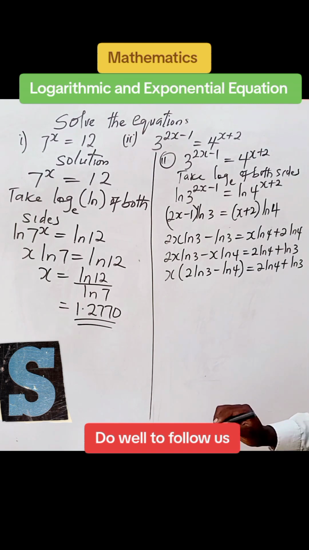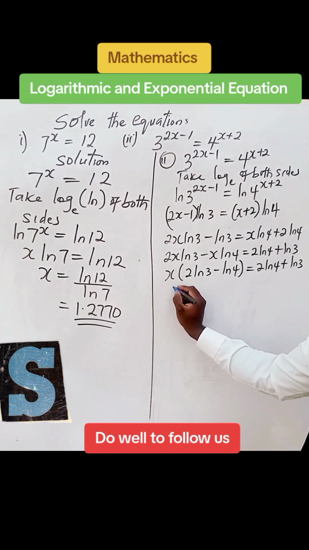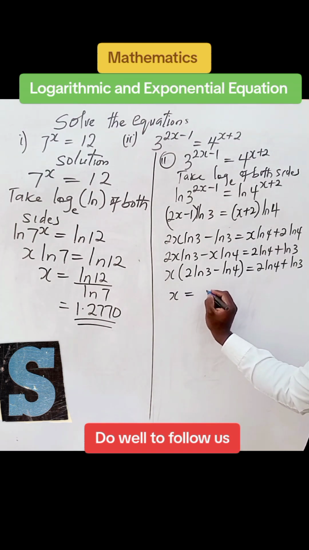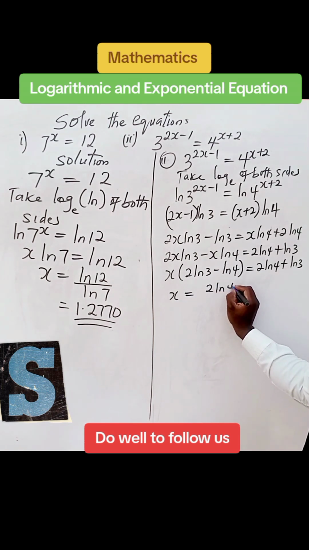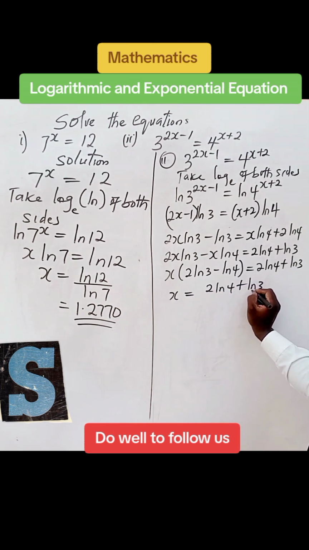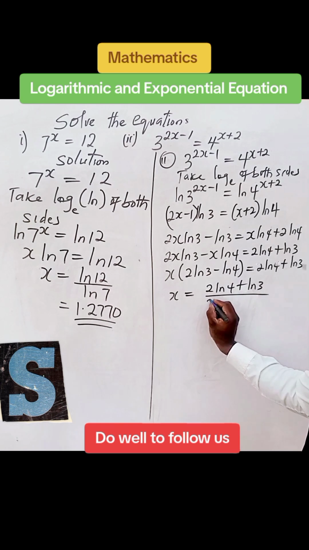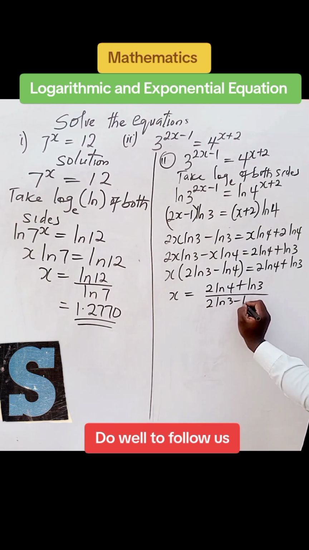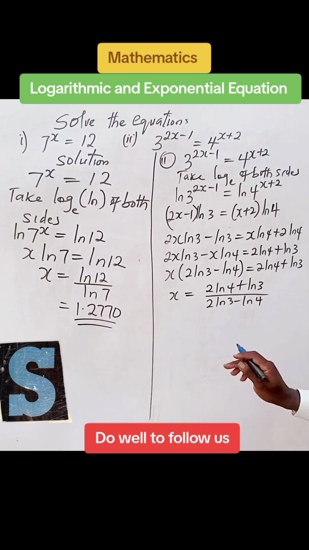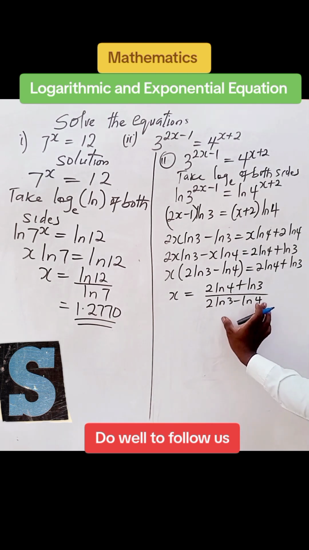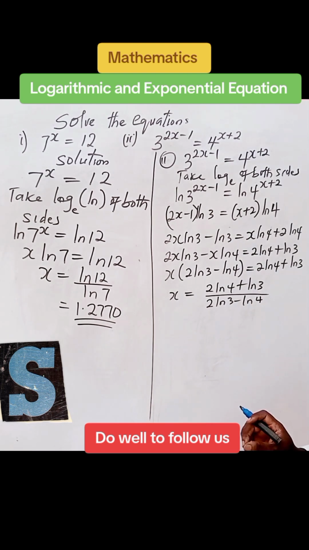Alright, so we progress. So here will now be x equals (2 ln 4 plus ln 3) divided by (2 ln 3 minus ln 4). So we have arranged it. We already know the value of x now. So let's simplify this to get a particular value for x.